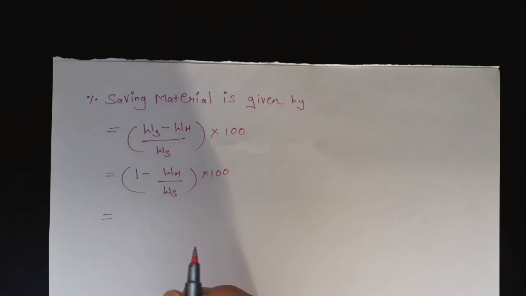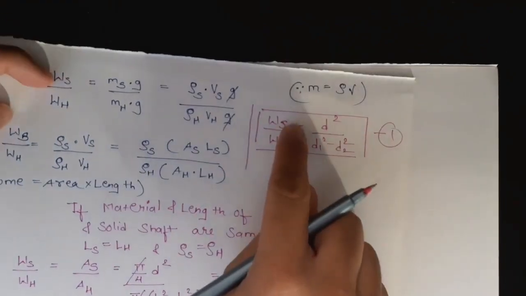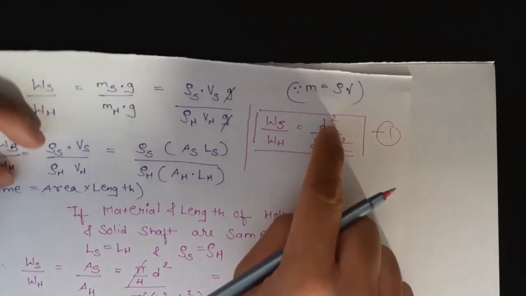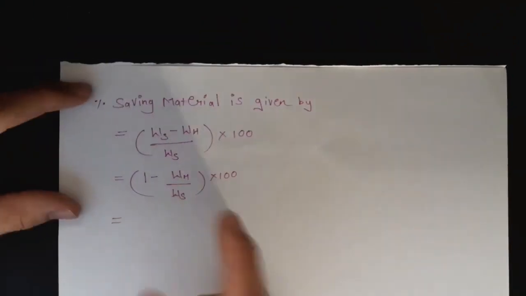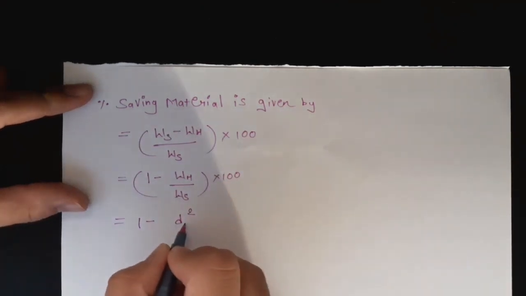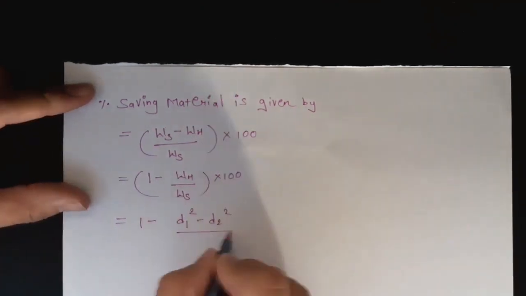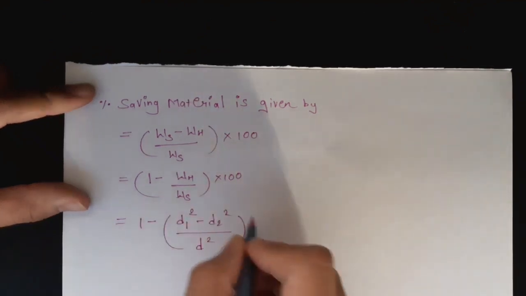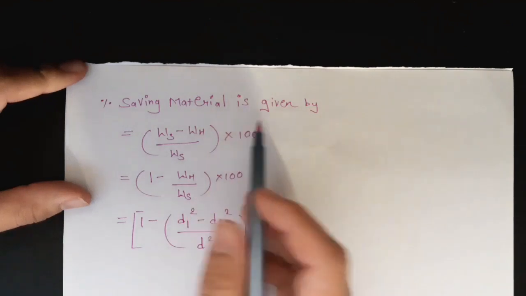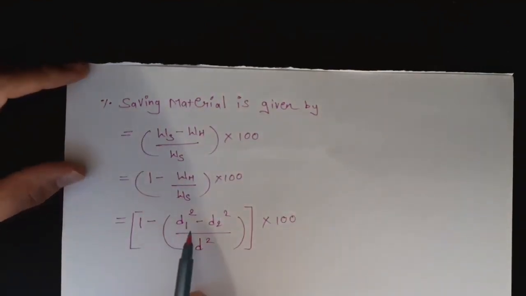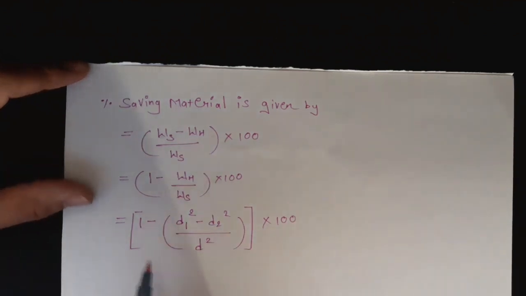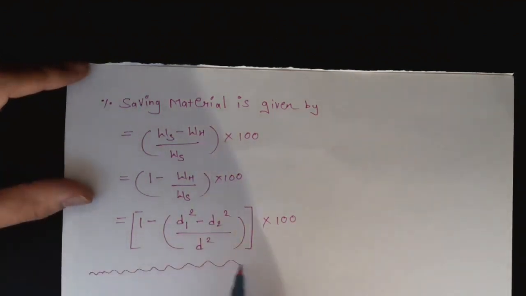What is Wh upon Ws? We have Ws upon Wh, so its reciprocal is d1 square minus d2 square upon d square. So percentage saving in material is given by 1 minus d1 square minus d2 square upon d square, into 100. Okay, so that's all.